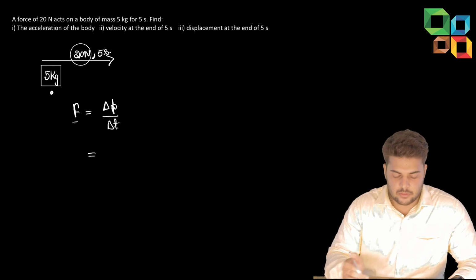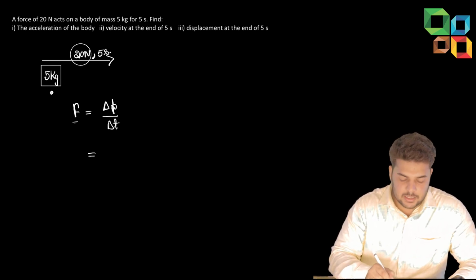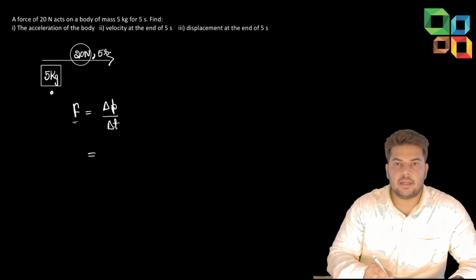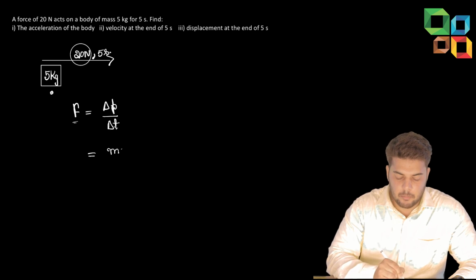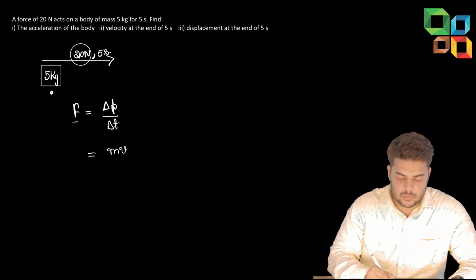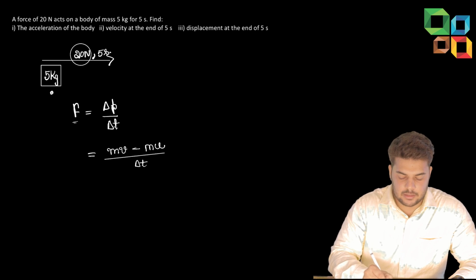So what is delta p by delta t? Let me expand delta p out. So delta p is mass into velocity, this is the final momentum, minus the initial momentum, divided by delta t.